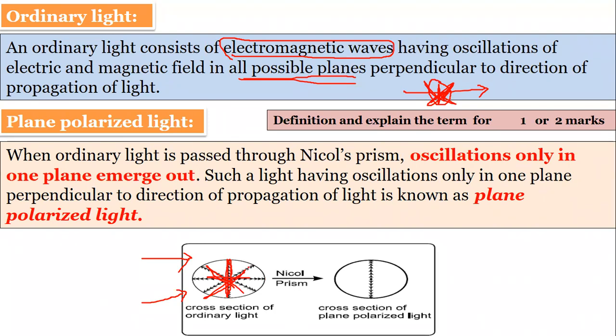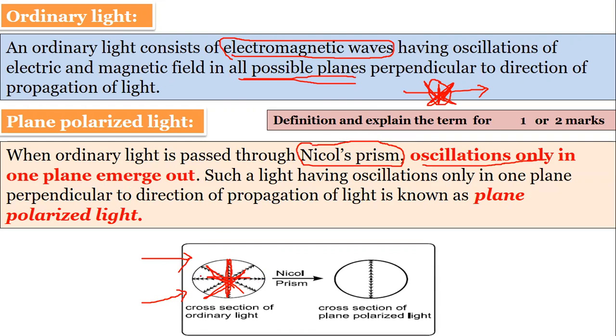Now if this ordinary light is passed through the Nicol prism, Nicol being the name of the scientist William Nicol who prepared this prism, a particular type of prism made with calcite crystals, what happens? This is a very interesting observation found by this scientist: oscillations are only in one plane.